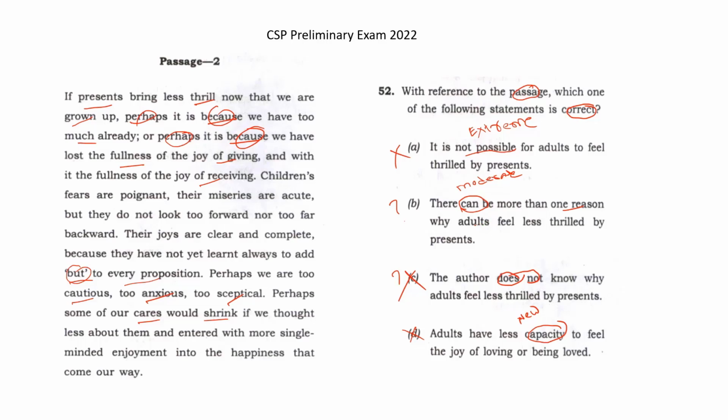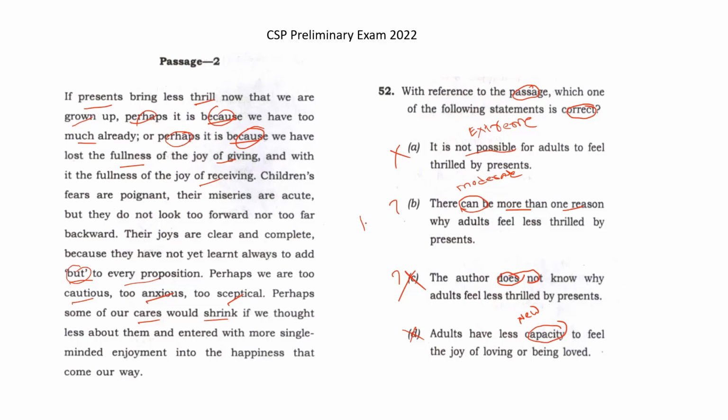This is the unique key phrase here. More than one reason is present here because we have, or means alternate. Perhaps it is because we have lost the fullness of the joy of giving, right? So option B is the right option. Every word in option B is supported by the passage.